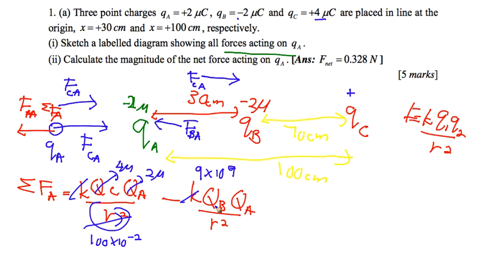And for the QB on A, QB is 2 microcoulomb, no need to use a negative, you just use the value as 2 microcoulomb, and the QA is 2 microcoulomb, and the distance between B and A is 30 cm, so use meters, 10 to the power of minus 2.